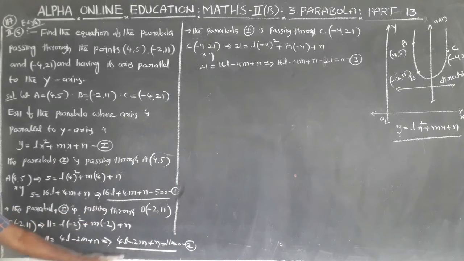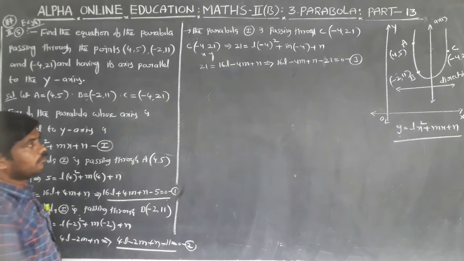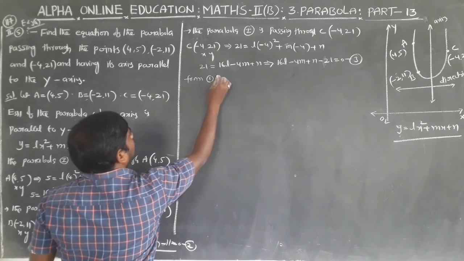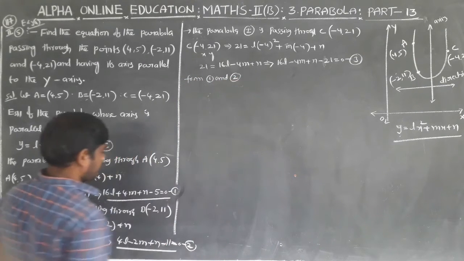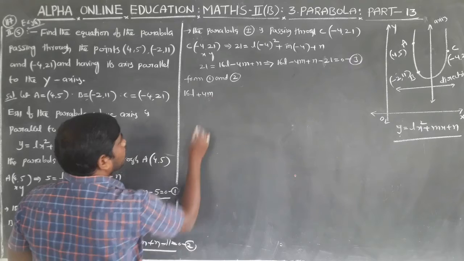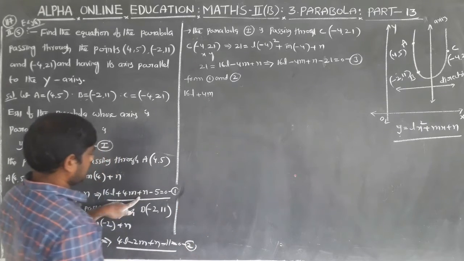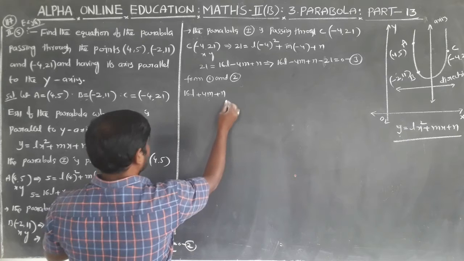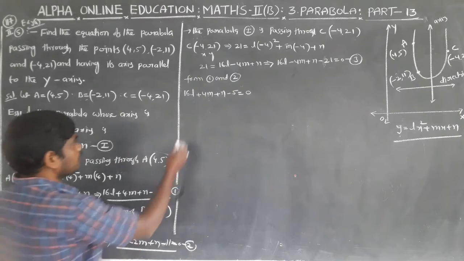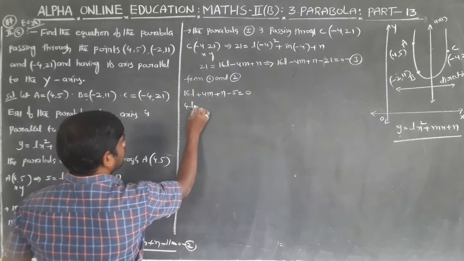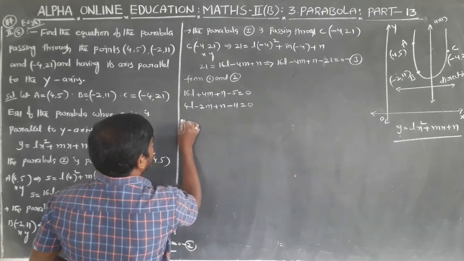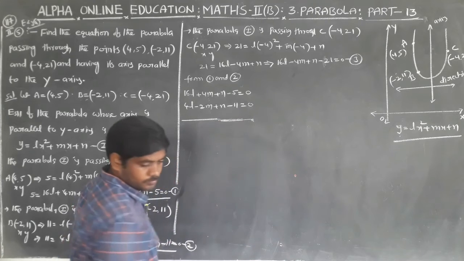Solving 1 and 2. First of all, solving 1 and 2, eliminating n from 1 and 2. First one is 16L plus 4m plus n minus 5 is equal to 0. Second one is 4L minus 2m plus n minus 11 is equal to 0.